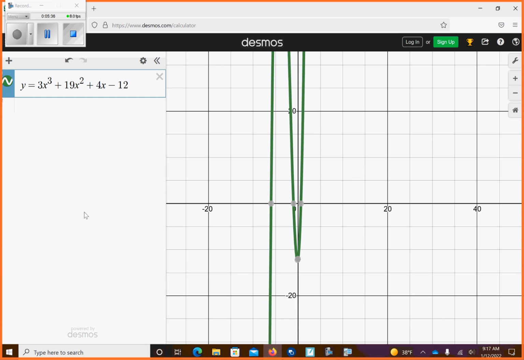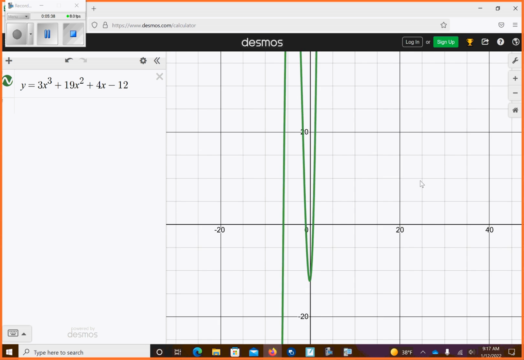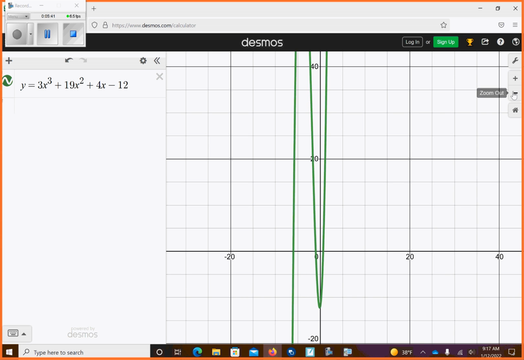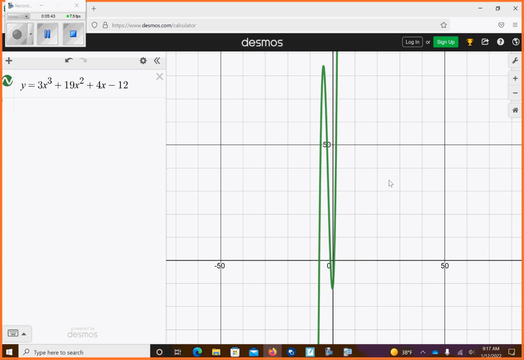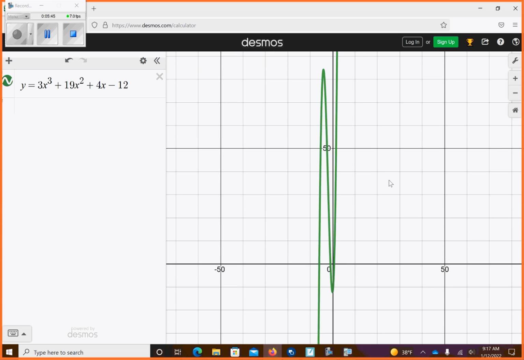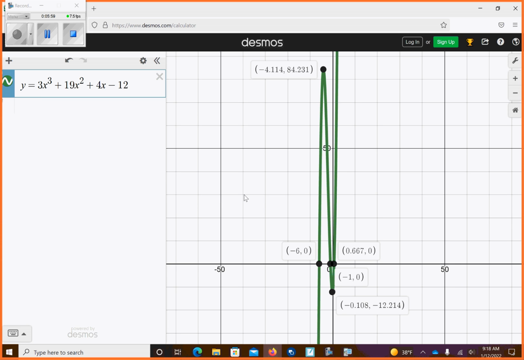Okay. So you want to try and get the graph in a way that you can see what the graph is doing. Okay, so there's a point up here. You have a point down here. You have these 3 locations here. Okay, so there's an awful lot that this graph tells us.